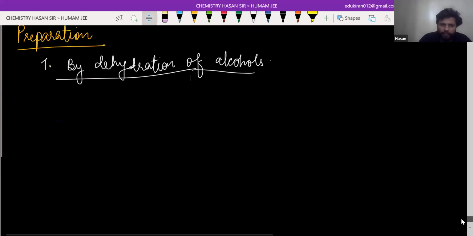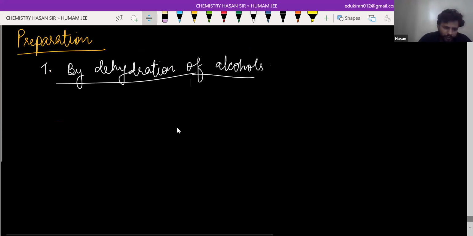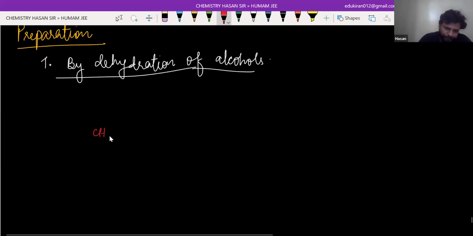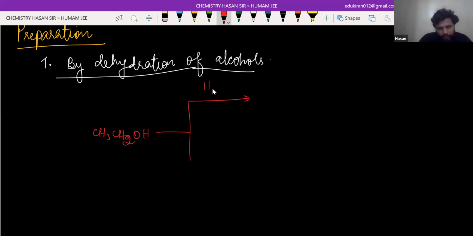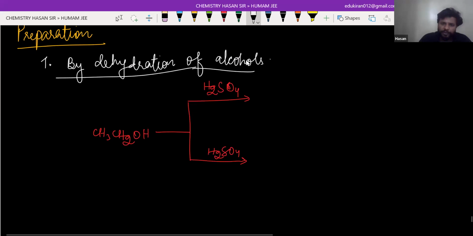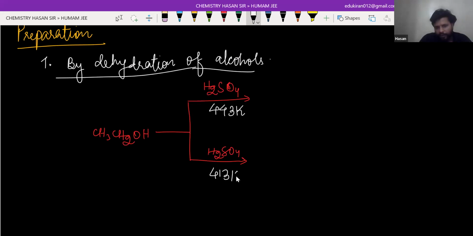I'm going to show you. Both reactions are given in NCERT if you see. Ethanol is there, and if you use H2SO4, in both methods we use H2SO4. The only difference is that to form alkene the temperature is 443 Kelvin, and here the temperature is 413 Kelvin.